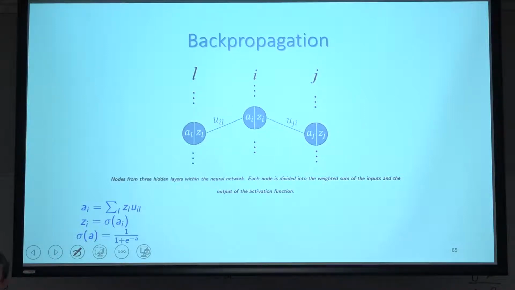The first part is just a linear sum of the input, and the second part is a nonlinear function applied to this weighted sum. So this part A is the sum over l of Z_l times U_il. This U_il is one of the weights of the input, times whatever was the output of the previous layer. When I take the summation of this over all inputs, that is the value of A_i.